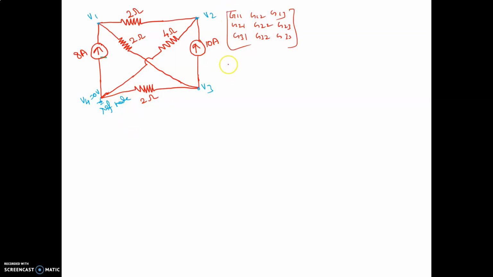What is G11? G11 is the reciprocal of the resistances connected to the first node, which is 1 by 2 plus 1 by 2, equal to 1. Then G12, the reciprocal of resistance between node 1 and 2.